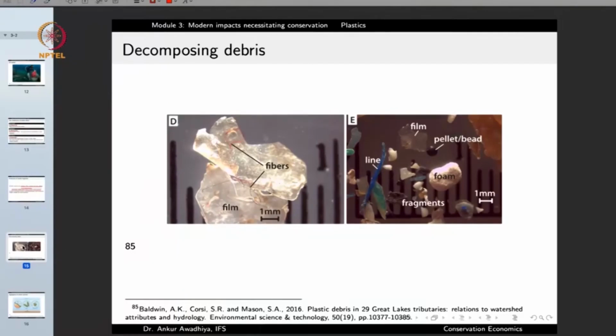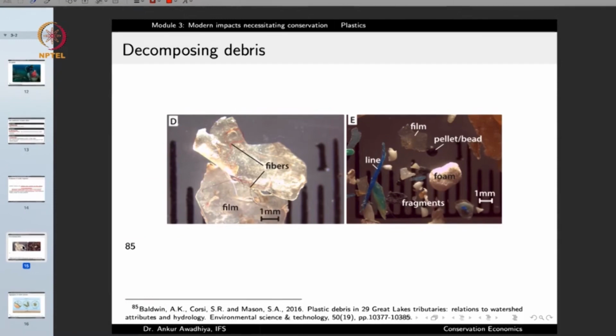Because this large sized plastic bottle, there are very few organisms that will be able to eat this plastic. But then, if I have a small piece of plastic, then it is possible that a fish or a bird may just confuse this material with food and might eat it. So, these smaller fragments accelerate the process of plastics entering into the biosphere.